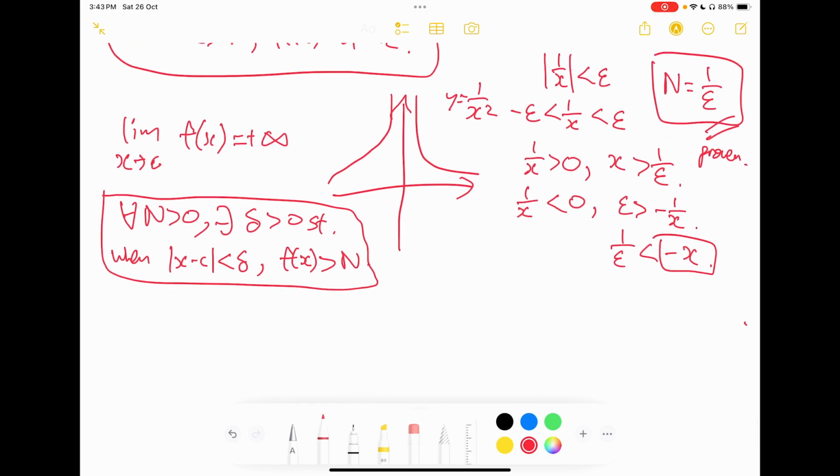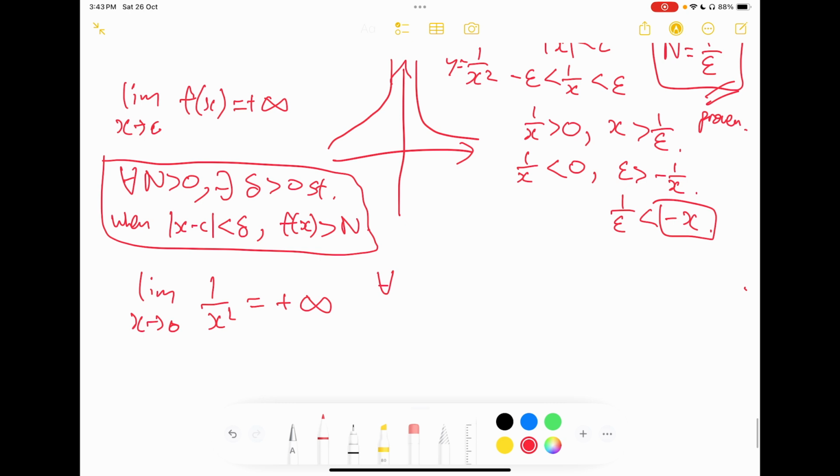So in this case, we are taking the limit as x approaches 0 of 1 over x squared being positive infinity. For all n, okay, so we need to find this value of n. No, we don't need to find this value of n. We need to find the value of delta, right?